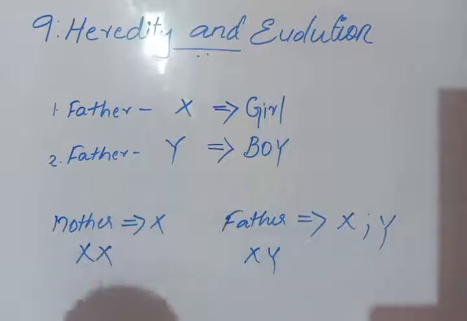Because half the sperms carry an X chromosome and half the sperms carry a Y chromosome. So there is an equal chance of giving X as well as Y. So the father is responsible for the determination of the sex of the baby. The mother always contributes an X sex chromosome.